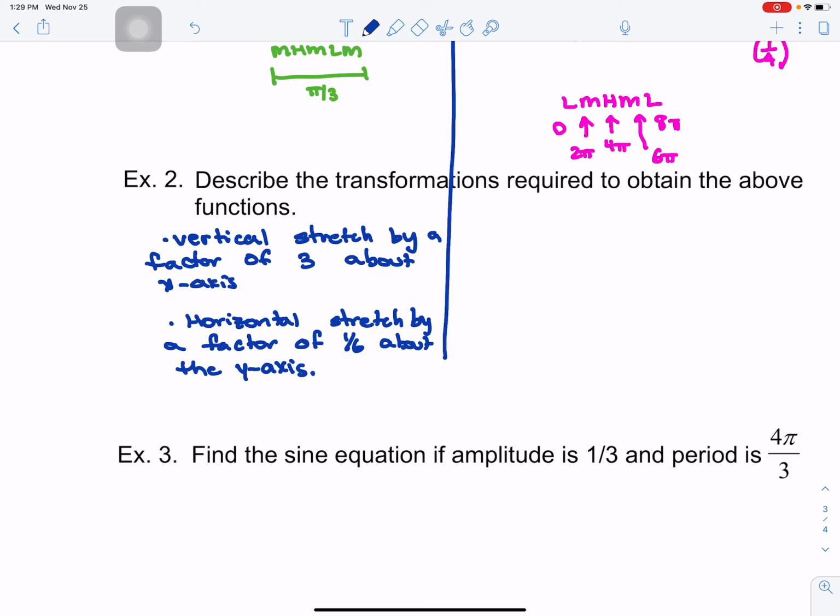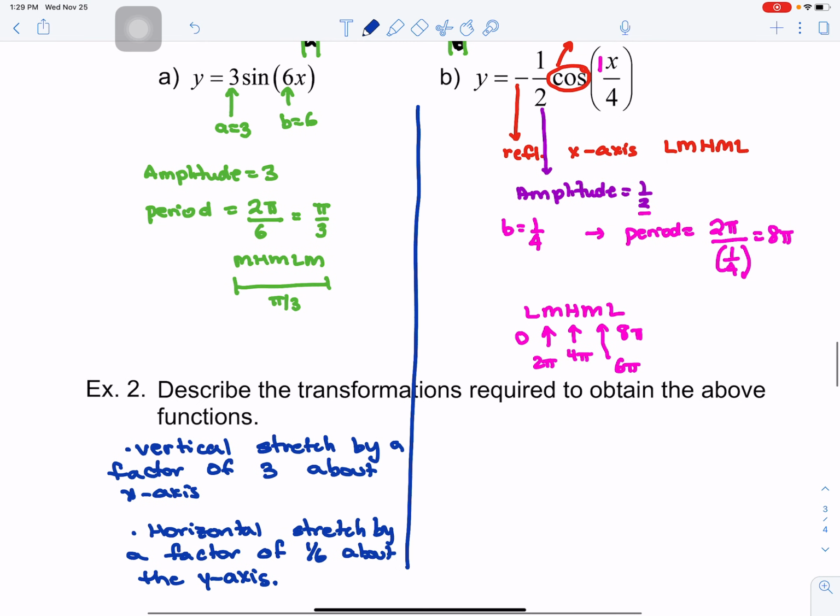Okay. In this example, I have a reflection in the x-axis.